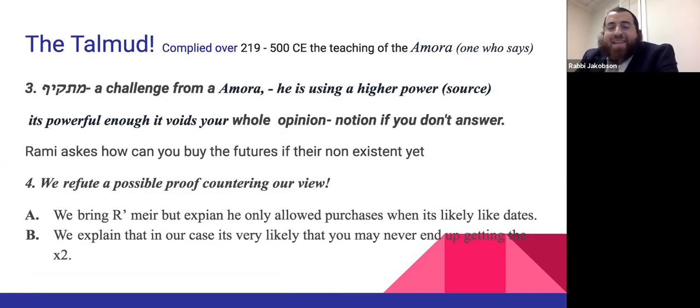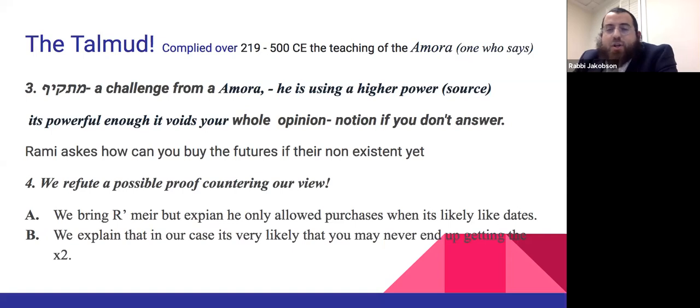The next step that we had was the rule of a maskif, a challenge from an Amora. I'm going to throw it out, we didn't have it, I'm just going to put it out there for perhaps future reference. But there's another word in the Talmud, mibayile, which is similar to maskif.